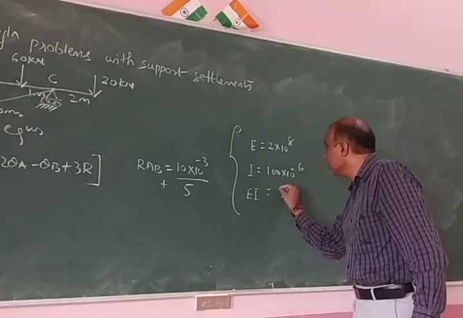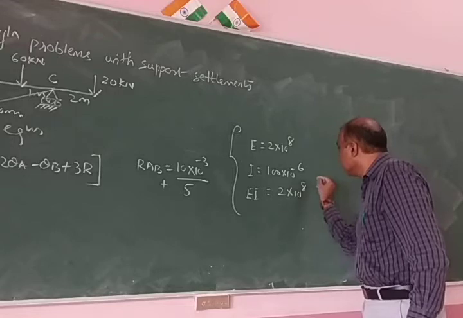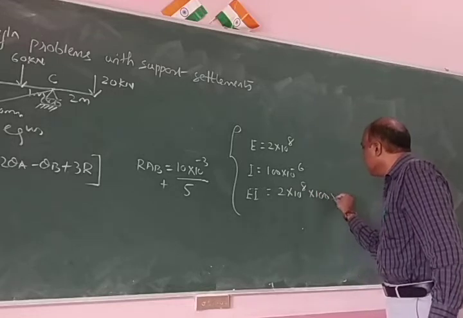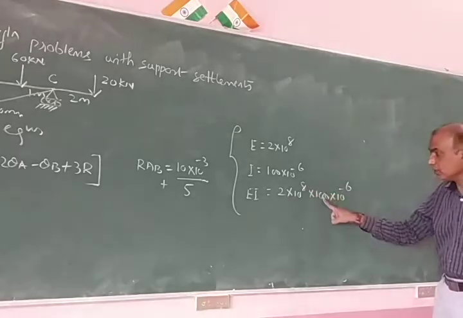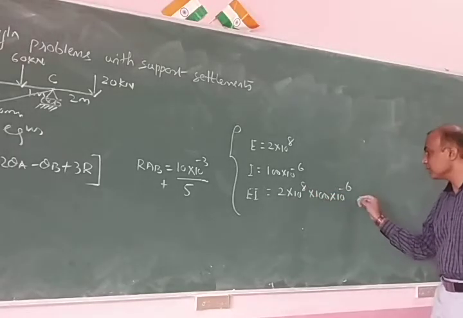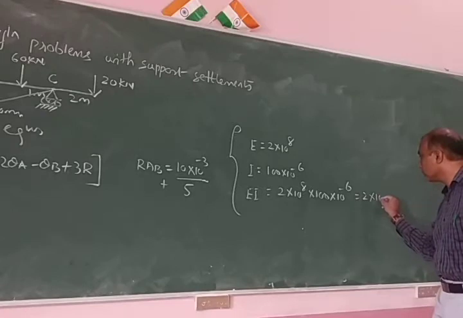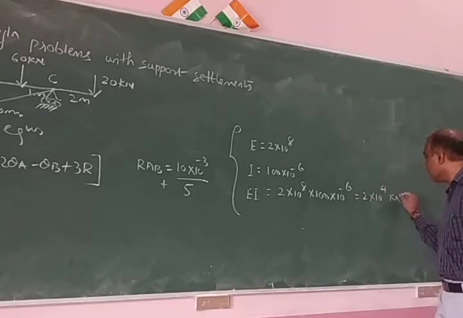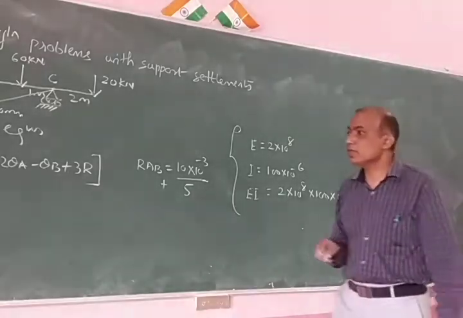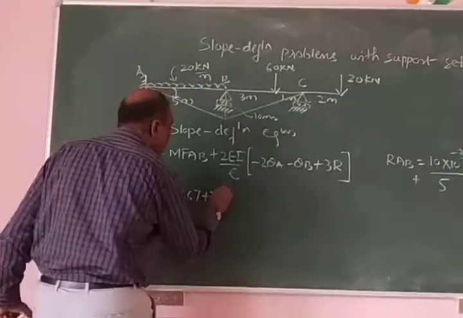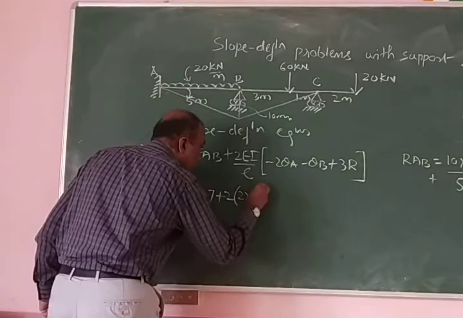EI will be equal to 2 into 10 to the power 8 into 100 into 10 to the power minus 6. So how much is it? 10 to the power 8, 10 to the power 2, 10 to the power minus 6, means 2 into 10 to the power 4 kilonewton meter square.